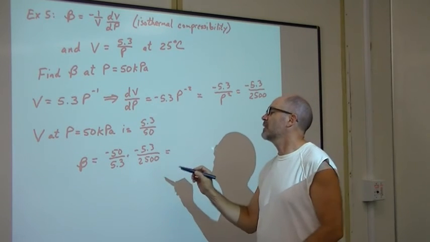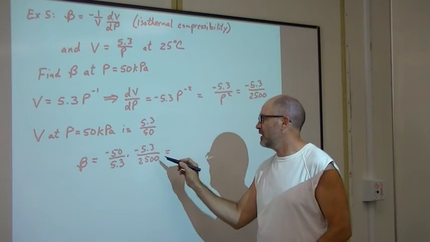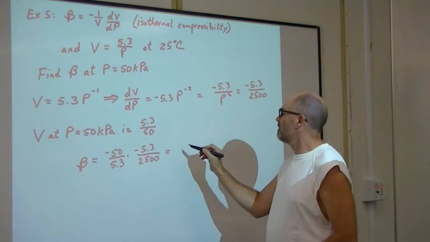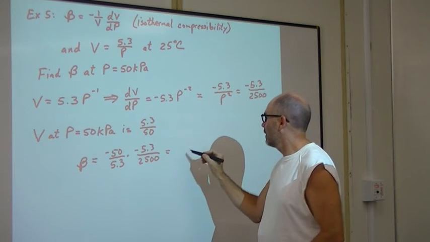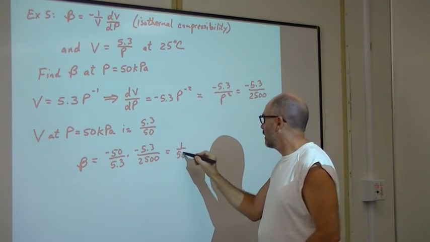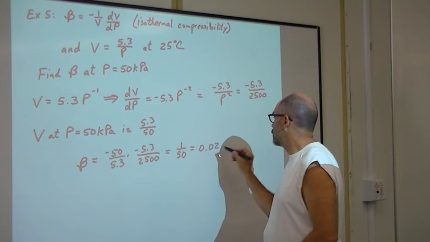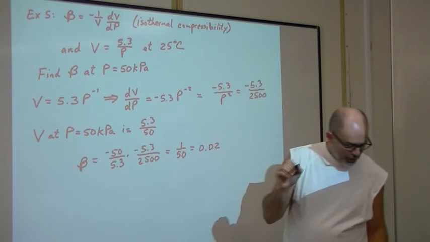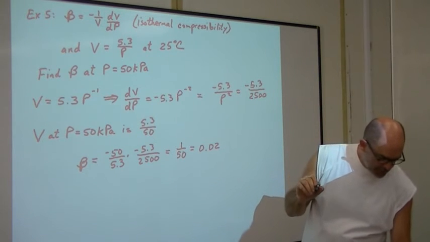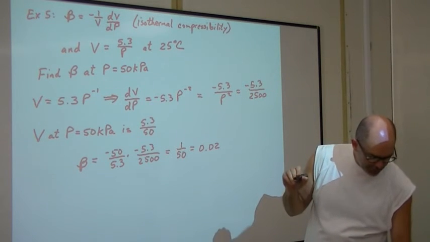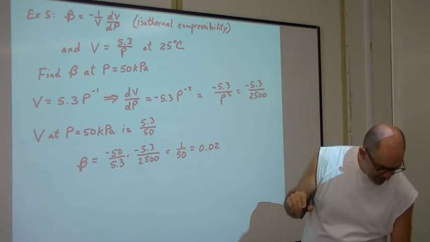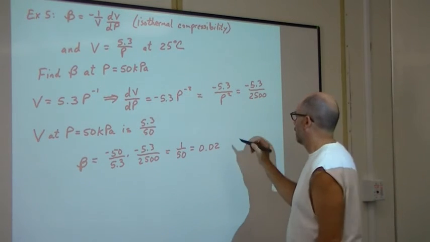It's not 1/5. It's 1/50th, because only one 0 cancels. So 1/50th, and 1/50th is 0.02. And this is your beta, which is in cubic meters per kilopascal per cubic meter.